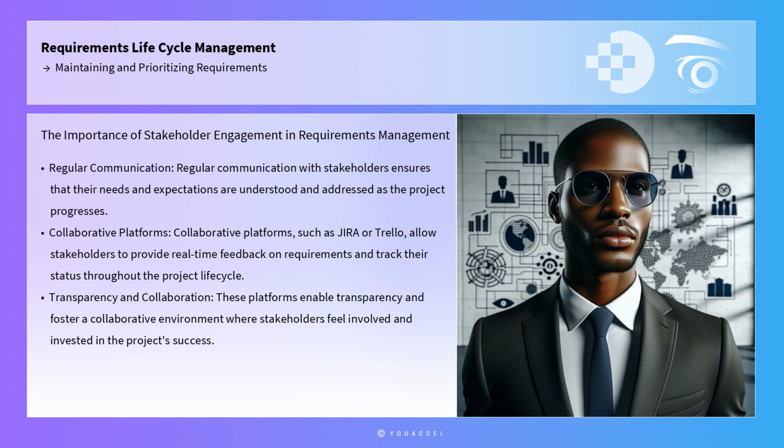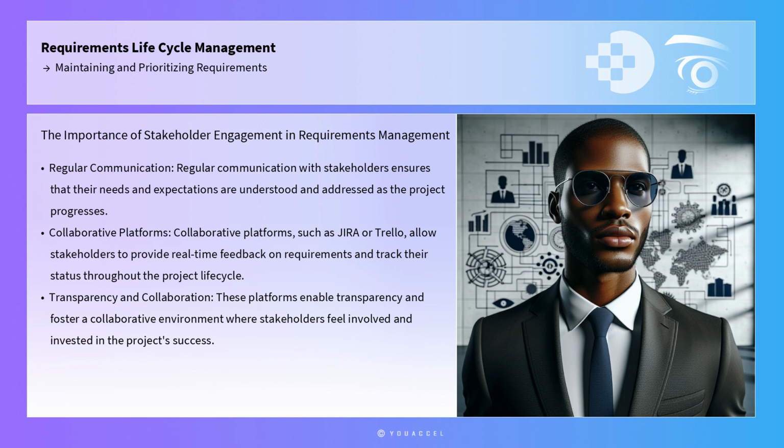The role of stakeholder engagement in maintaining and prioritizing requirements cannot be overstated. Regular communication with stakeholders ensures that their needs and expectations are understood and addressed as the project progresses. One effective tool for facilitating stakeholder engagement is the use of collaborative platforms, such as Jira or Trello, which allow stakeholders to provide real-time feedback on requirements and track their status throughout the project lifecycle.